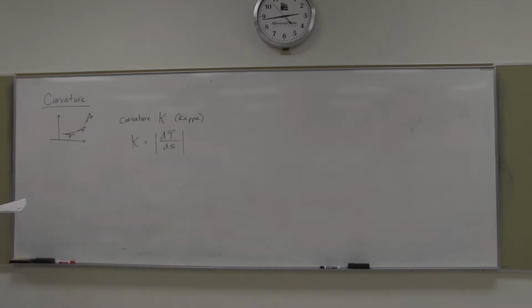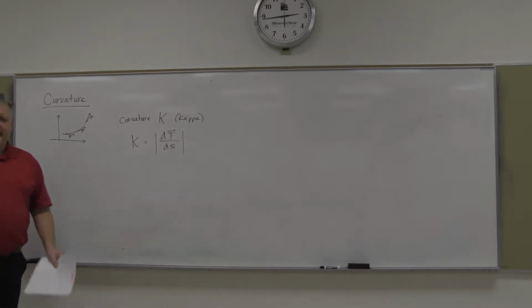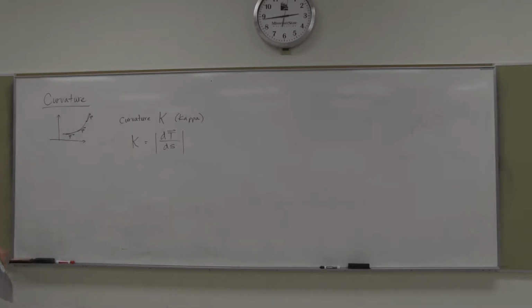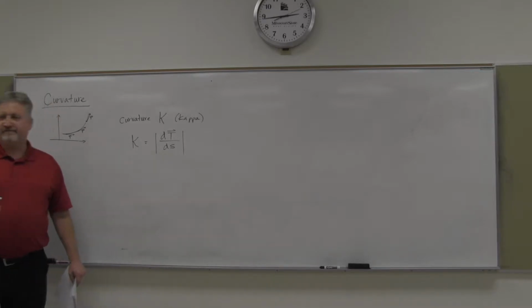And we want the magnitude of that to give us a number. We don't want a vector out of that. We want the magnitude of that vector. So it kind of gets back to some of the things we've talked about before, rate of change of something.